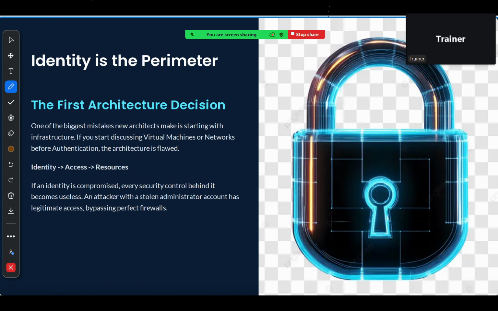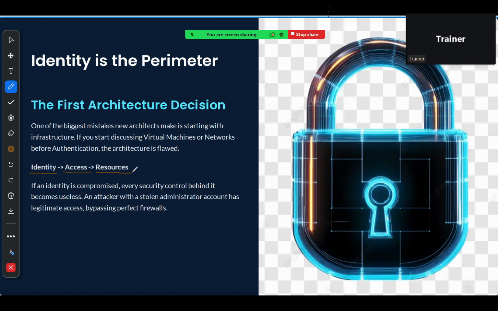Exactly. New architects always make the mistake of starting with infrastructure, but if you start discussing the virtual machine or network before authentication, your architecture is flawed or failed. So Microsoft recommends starting with identity, and identity has three steps: identity, access, and resource.